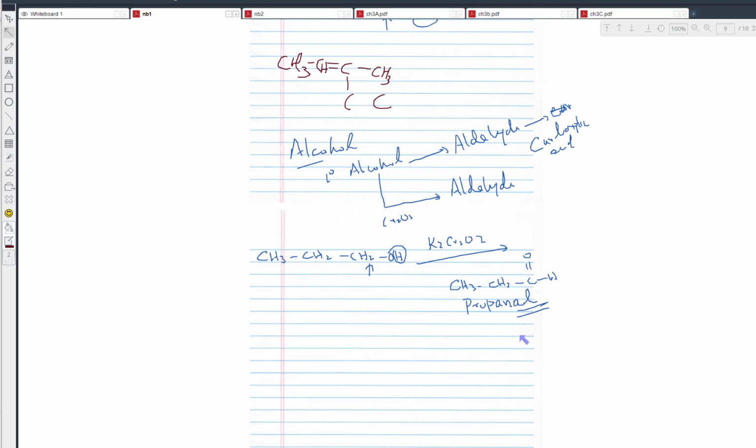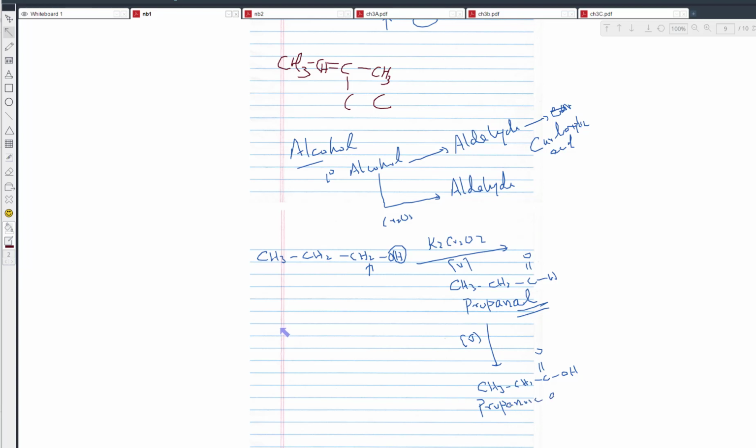But if I use another method, and also hold on, it's not going to stop here. It's going to further oxidize. This is oxidation happening. Further oxidize and not going to stop there. The aldehyde is going to change into carboxylic acid. C double bond O, and now another oxygen will come here, and you will get propanoic acid.